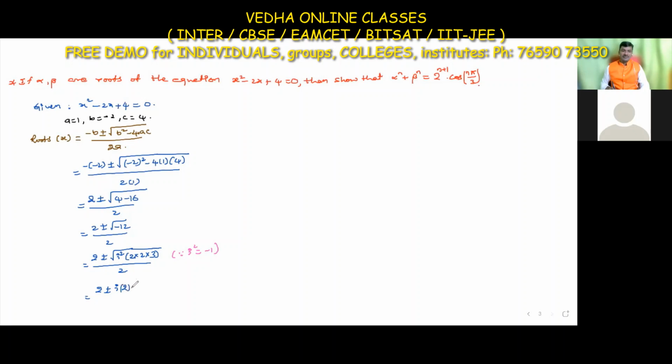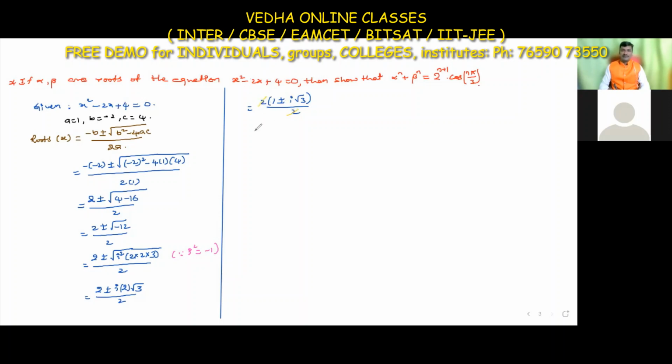So i and 2 will come out, and 3 is inside the root, divided by 2. Understood? Yes, sir. Now in the two terms in the numerator, 2 is common. If you take 2 common, then 1 plus or minus i root 3 divided by 2, divided by 2. 2 and 2 get cancelled.